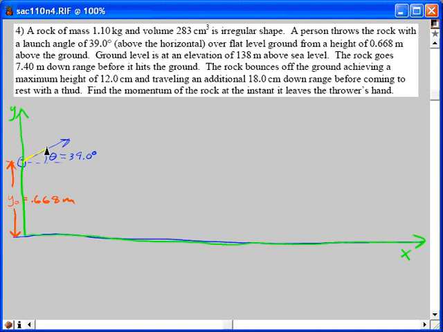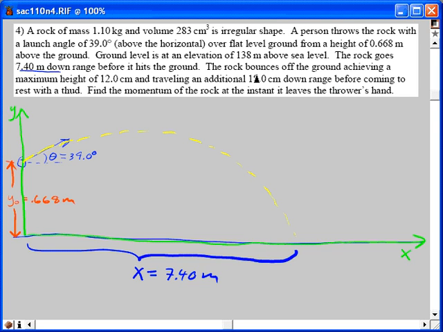So indicate a trajectory for this rock and label this distance. I'm going to call that the final x value. I'm also going to use a symbol x for that. And that's 7.40 meters given right here.